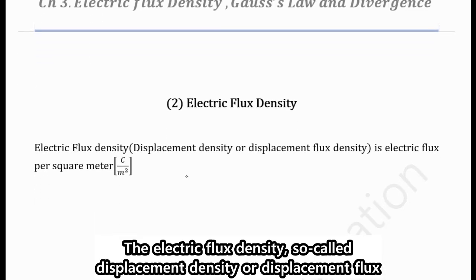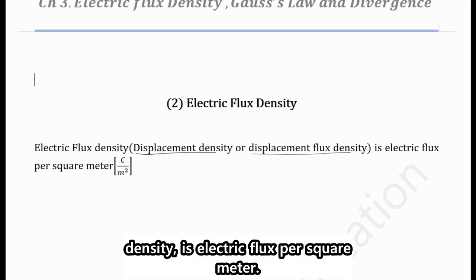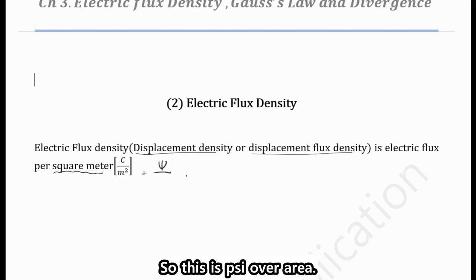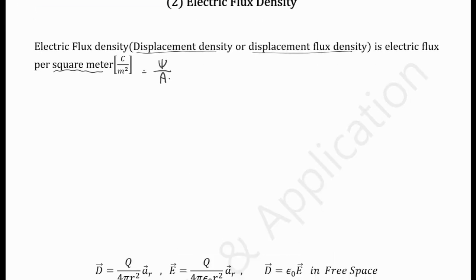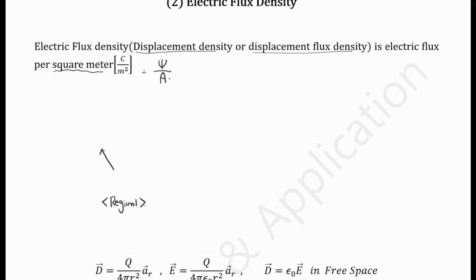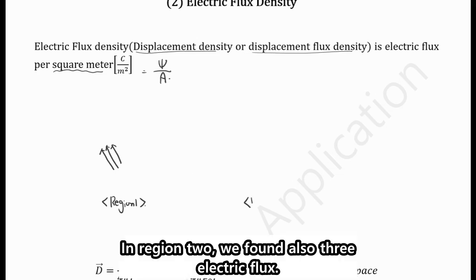So we are ready to discuss electric flux density. The electric flux density, so-called displacement density or displacement flux density, is electric flux per square meter. So this is psi over area. I take an example. In region 1, we found 3 electric flux. In region 2, we found also 3 electric flux.